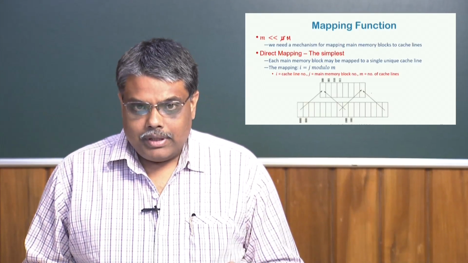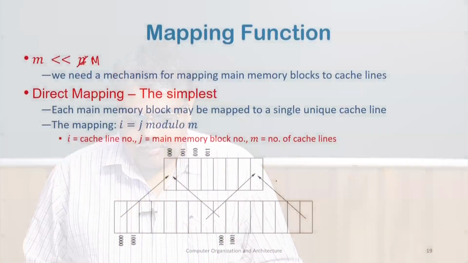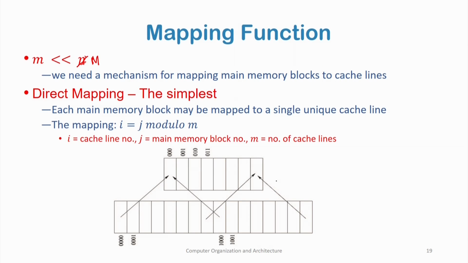In this example, the figure at the bottom, the cache has 8 lines and the main memory has 16 blocks, and we see that block number 0 and block number 16 both map to cache line number 0. Similarly, block number 7 and block number 15 both map to line number 7.